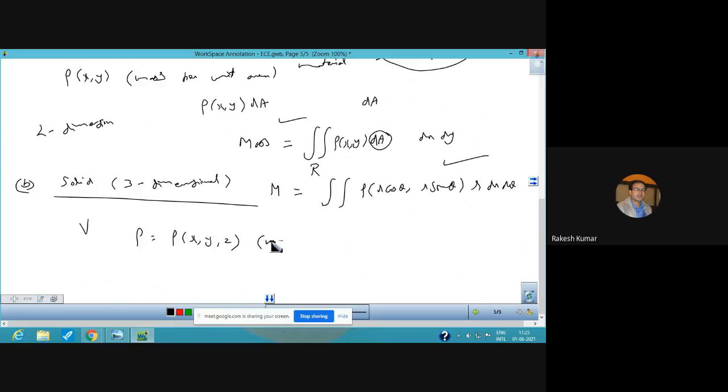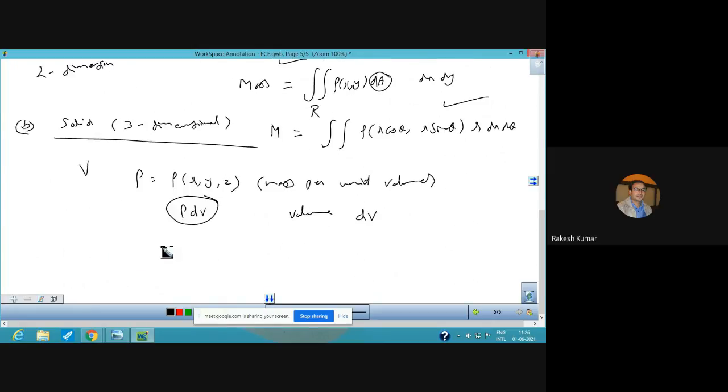This is mass per unit volume. Remember, earlier for the lamina it was mass per unit area. Now it is mass per unit volume. So rho dV is the mass contained in the element of volume dV.